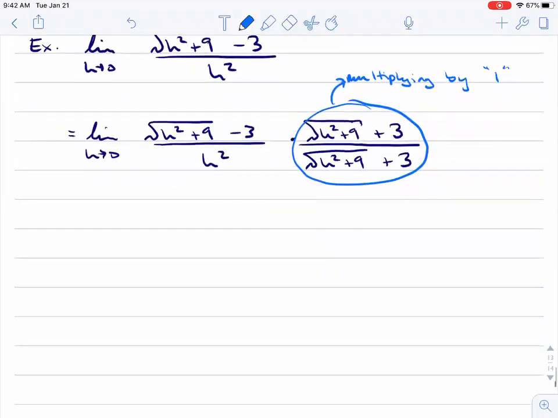And how I picked that value is that if I have root a minus b, which I have in the first part, in the actual function we're dealing with, times root a plus b, what I end up with is a plus root a times b minus root a times b minus b squared. So I'm going to be able to know what that number is going to look like approximately.